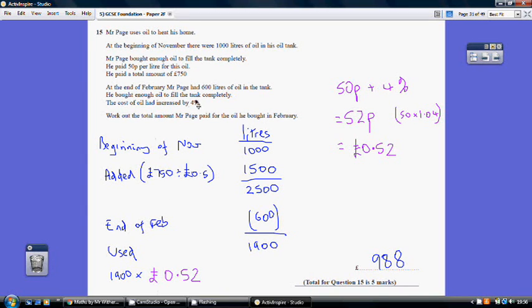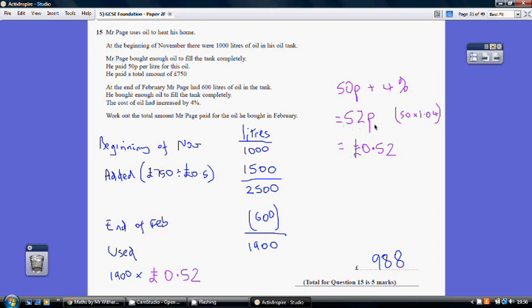Well, the cost of oil has increased by 4%. So it was 50p to start with, but 4% is 4 out of 100, so that would be 2p out of 50. So his new price of oil is going to be 52p per litre.